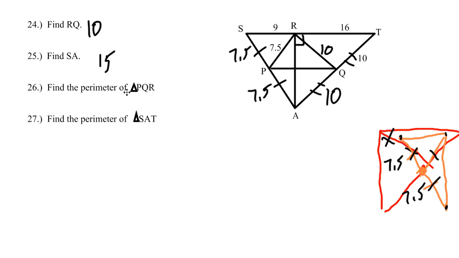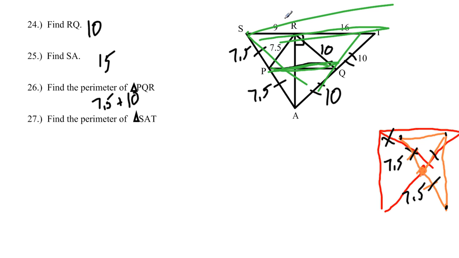Next, we say find the perimeter of triangle PQR. Well, if we find the perimeter, we just need to add up the three sides. We have 7.5 plus 10 plus PQ. Well, you may have noticed that PQ connects the midpoints of these two sides. So that means it's half of ST. Ooh.